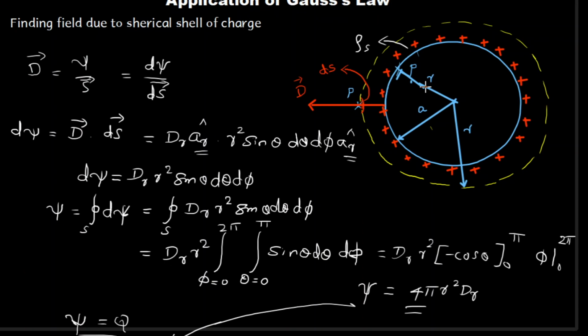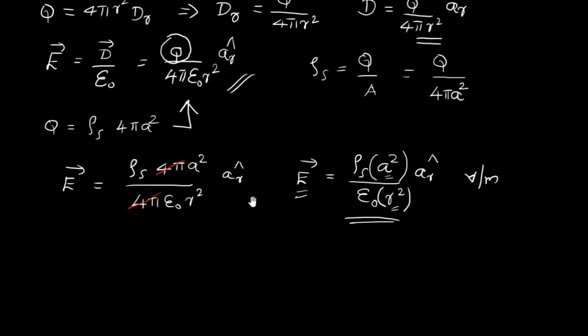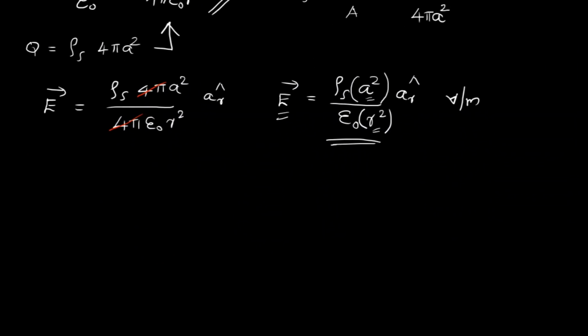So that is the second case, case 2, where my Gaussian sphere has the same radius as my spherical shell, R is equal to A.